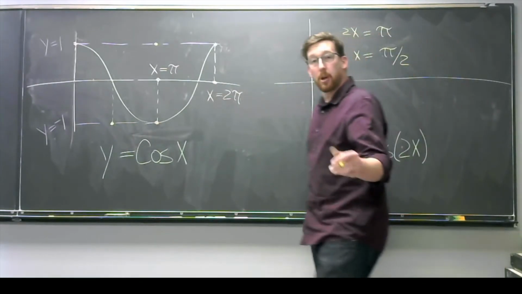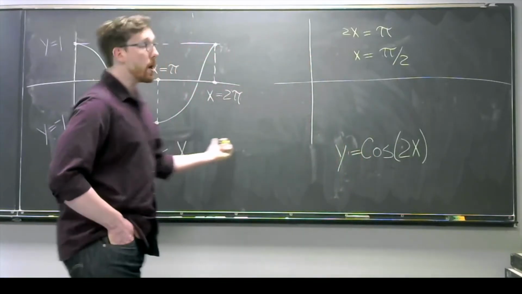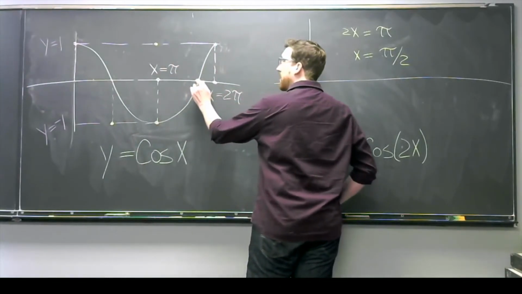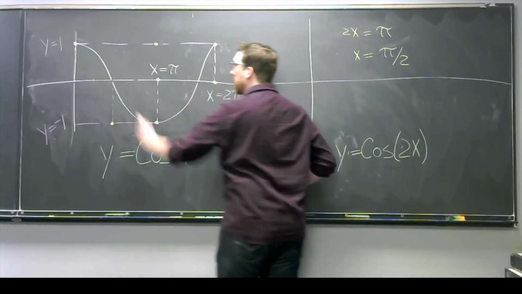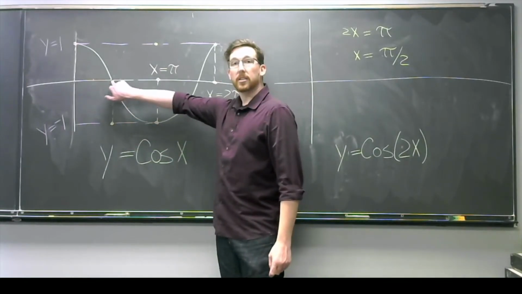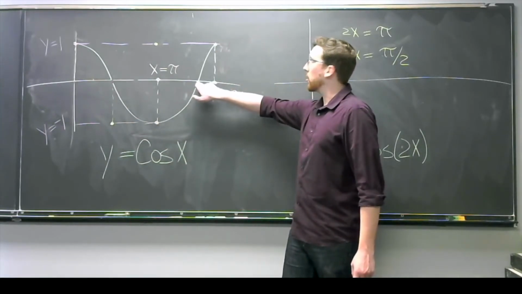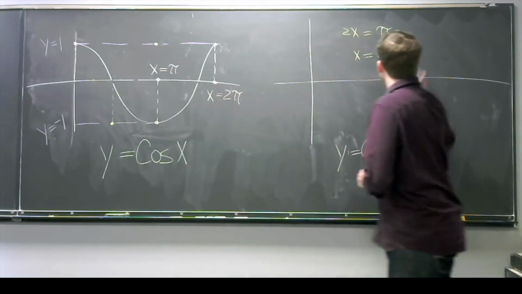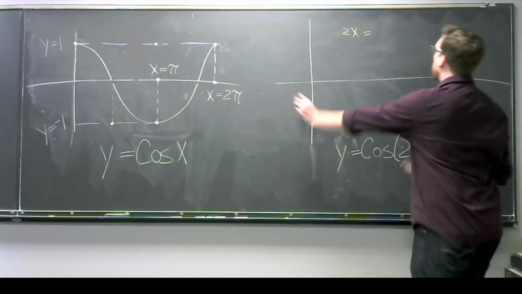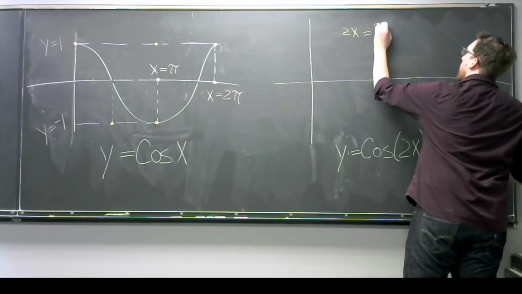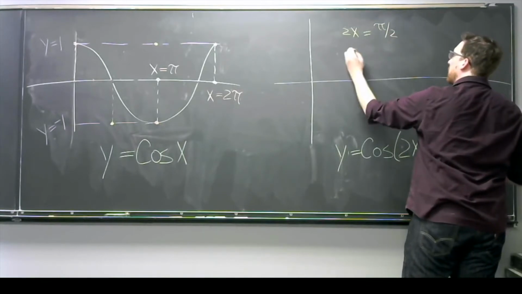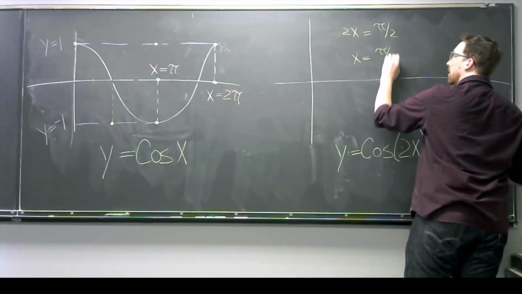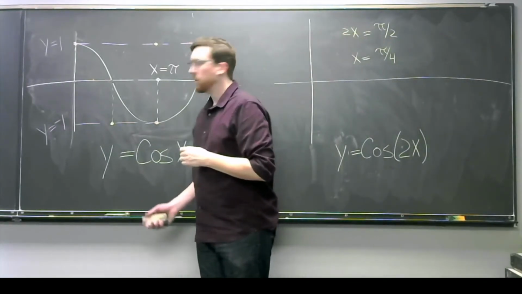Speaking of intercepts, those might be some other good points to mark down, right? We know that this intercept here and this intercept here occur at x equal to pi over 2 and x equal to 3 pi over 2. So we can solve for those as well. And 2x is equal to pi over 2, x is equal to pi over 4, which I'm going to have to eyeball.